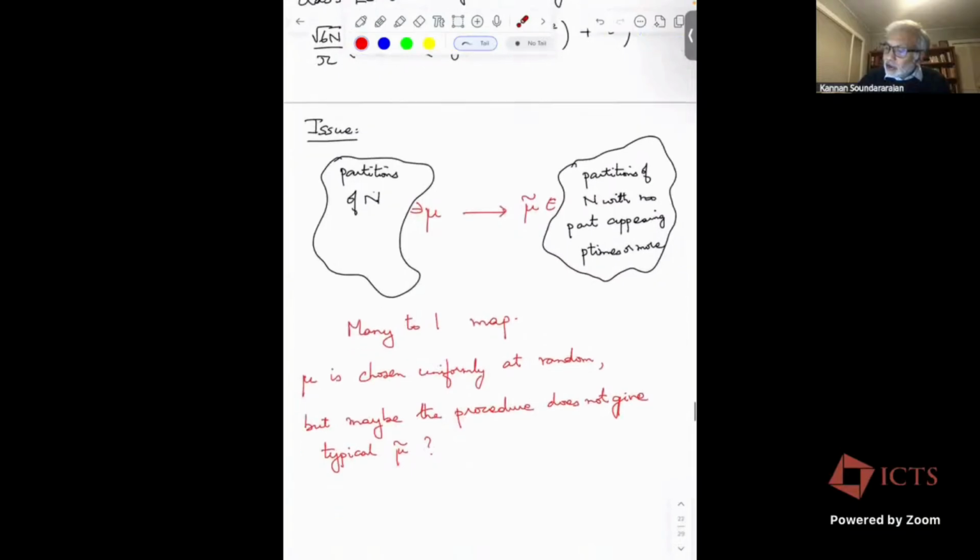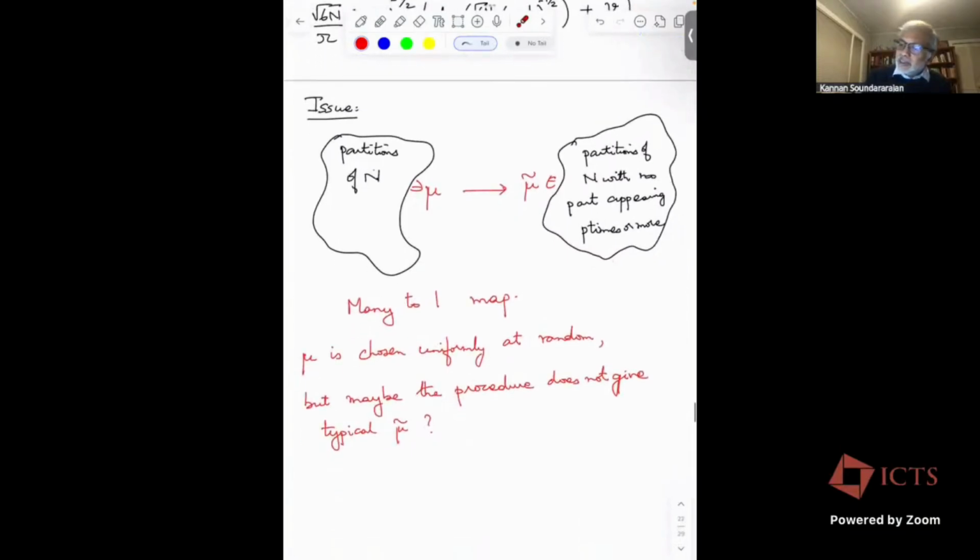And the reason this is not a rigorous argument is that what you're doing is sampling a random partition of n and writing down this procedure to get a new partition mu tilde, but this may not be the same as sampling a random partition with no part appearing p times or more.